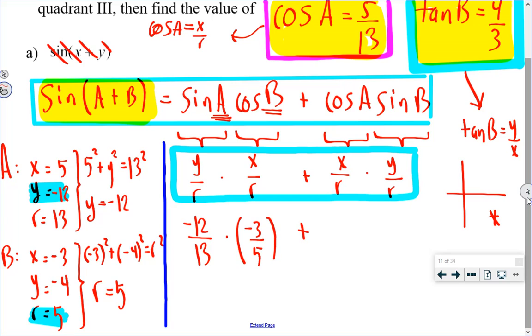So x over r for angle A, 5 over 13, is multiplied by y over r for angle B, negative 4 over 5. And I'm just going to double check all those. Can you double check them as well and let me know if you're satisfied with that?